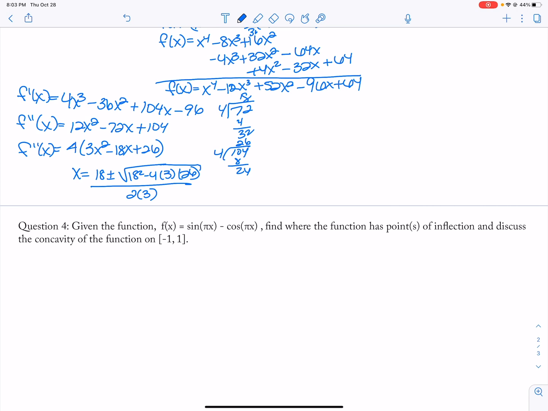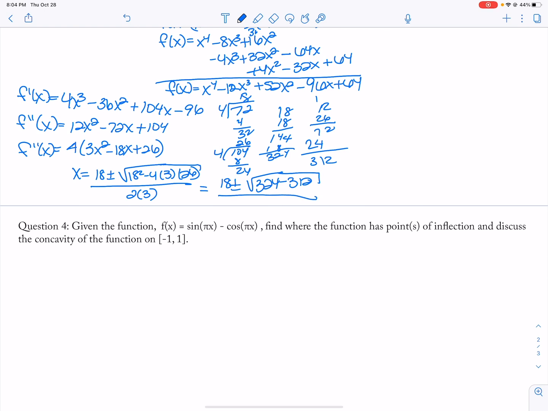Okay, so sad. 18 plus or minus the square root. Let's see, 18 times 18 is 324. 324 minus 12 times 26, which is 312. So 324 minus 312 is 12, all over 6.